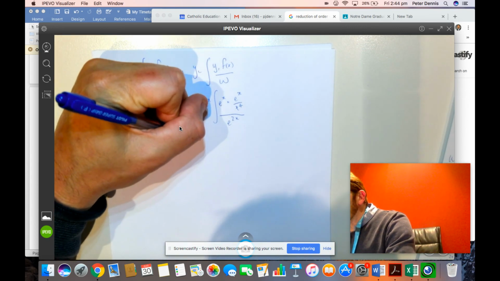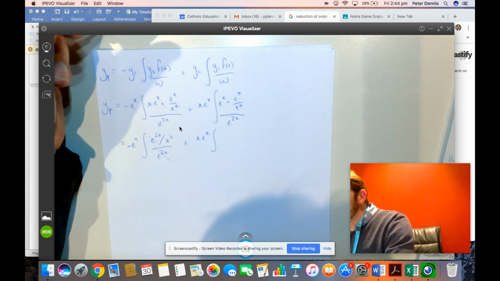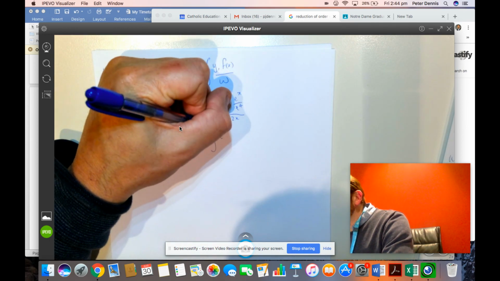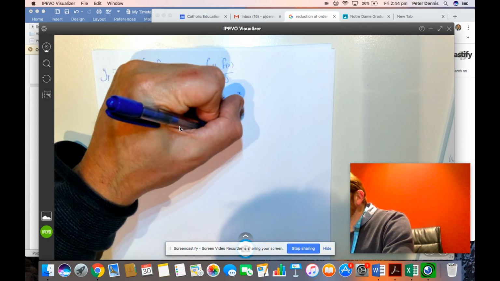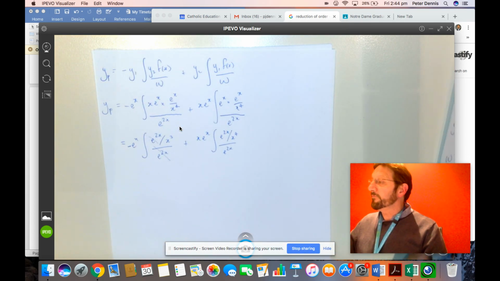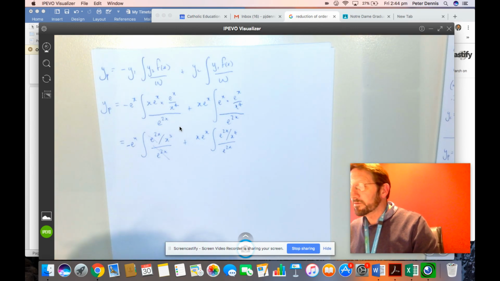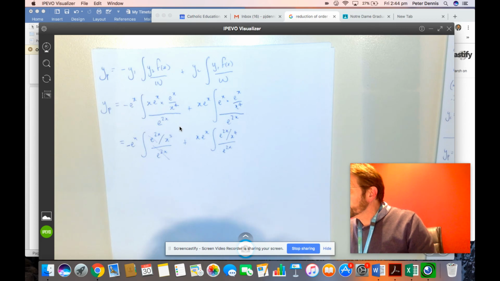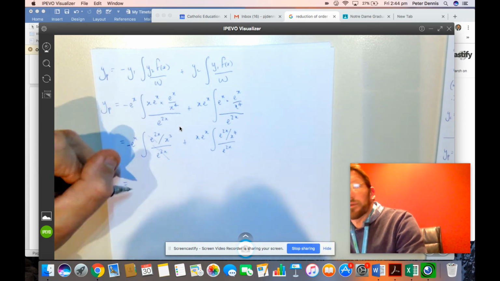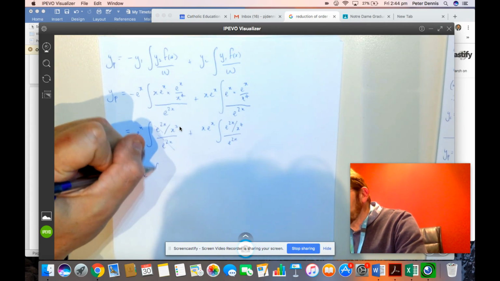Plus over here we get x e to the x, and this is going to be e to the 2x over x to the power of 4 over e to the 2x. Check to see if that's what I got last time. Yep.